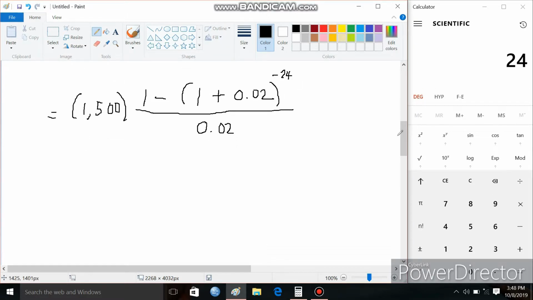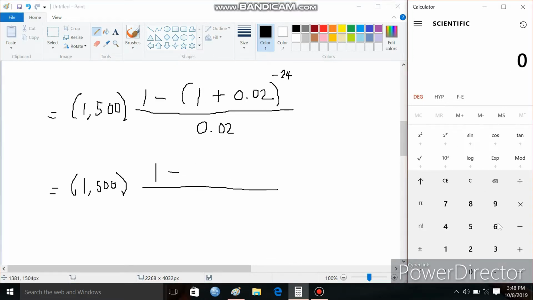Next is to add the numbers 1 and 0.02. So we have 1500 times the quantity 1 minus, then type 1 plus 0.02, then press equals.